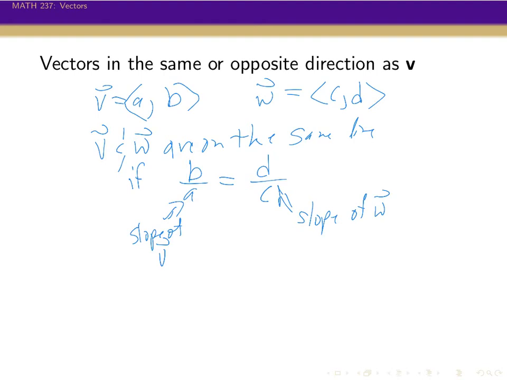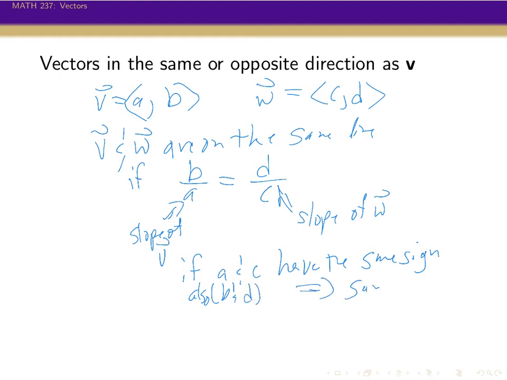Well, if this is true, if A and C have the same sign, and the same will be true with B and D, then they're going in the same direction.